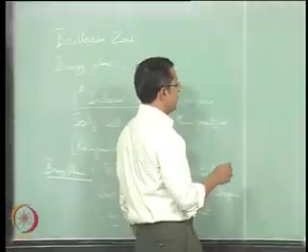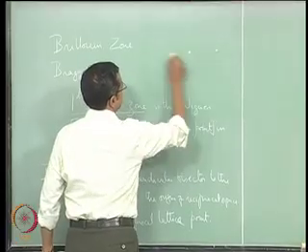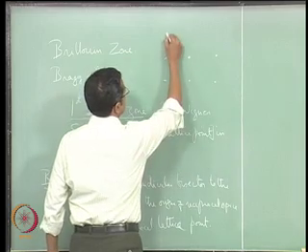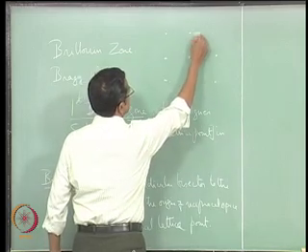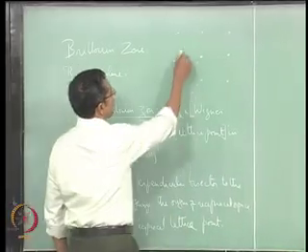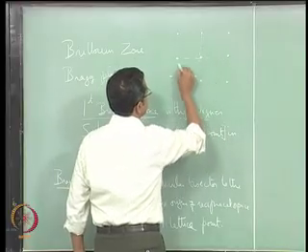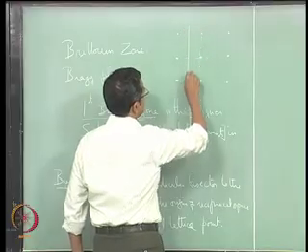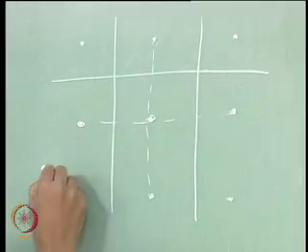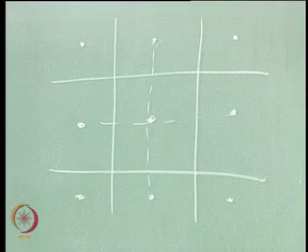What do we have? If you have a set of points, so we did this 3 by 3, okay, 3 by 3 set of points, and we found that if you just draw the perpendicular bisectors, you will end up getting this square region, which is then your Brillouin zone, the first Brillouin zone.